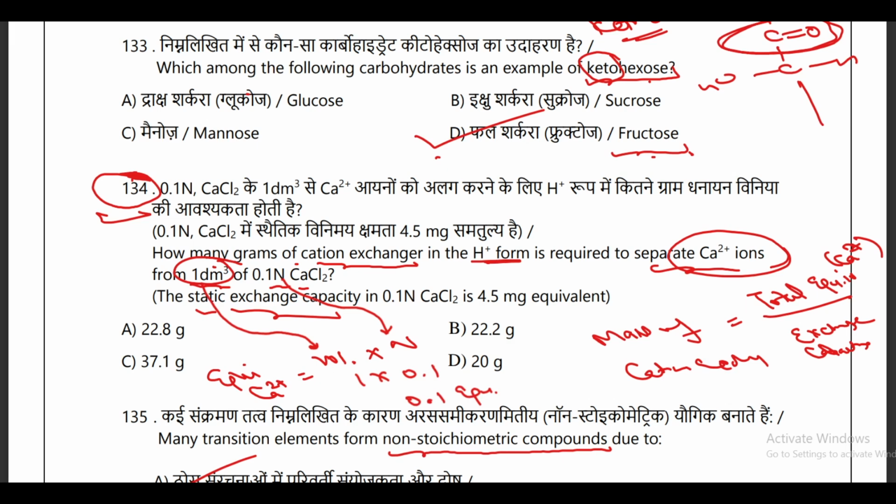The static exchange capacity they are providing is 4.5 milligram equivalent per 1 gram of exchanger. So put the value 0.1 equivalent in the numerator, convert it into milligram equivalents to get 100, and in the denominator you have 4.5.